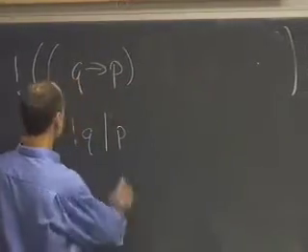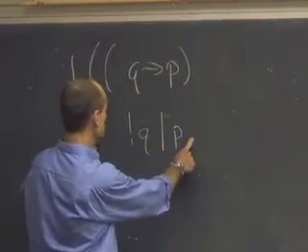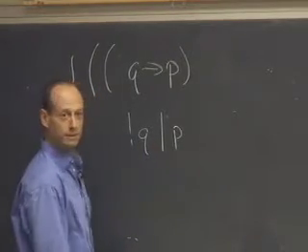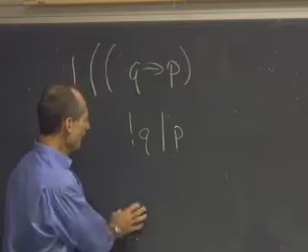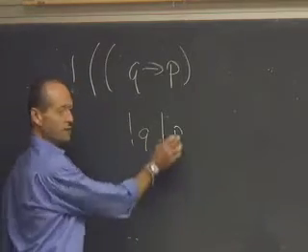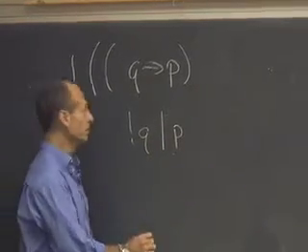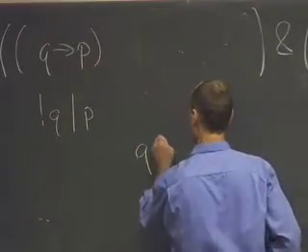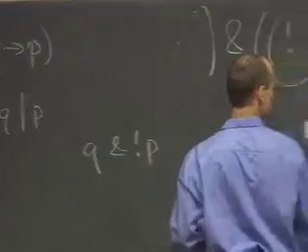That's negating this piece, isn't it? Okay, so what's the negation of not Q or P? It's not this and not that. Right? So this piece becomes equivalent to Q and not P.